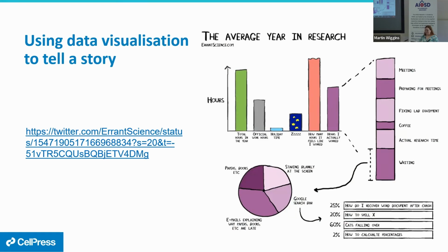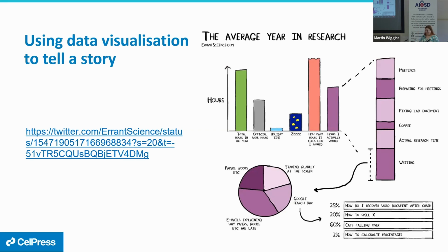And we've got our nice little bar chart, broken down into total hours in the year, official work hours, holiday time, sleeping, and then how many hours it feels like I worked, and you can see that the bar for that goes off the charts completely. And then how many hours I actually worked, which is that. And then, because what you're actually interested in is the hours I actually worked, that gets pulled out and split up into meetings, preparing for meetings, fixing lab equipment, coffee, actual research time and writing.